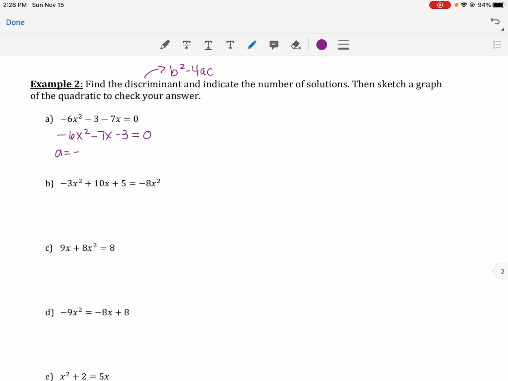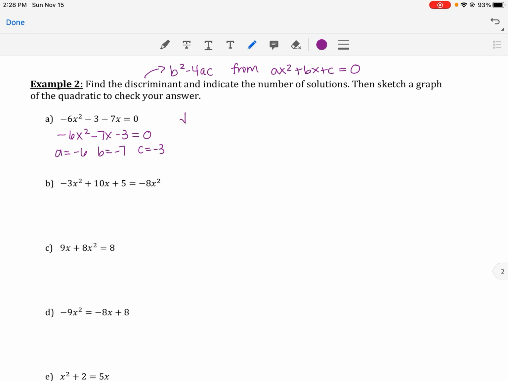Because we need to be able to find a, b, and c easily. And when you have it in that order, you will be able to recognize what a, b, and c are. But remember, if you're not careful, you may call negative 3 b when in reality it is c. I should say from ax squared plus bx plus c equals 0. So make sure it's in standard form.